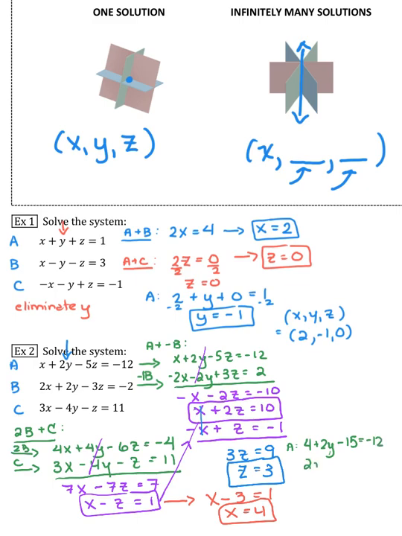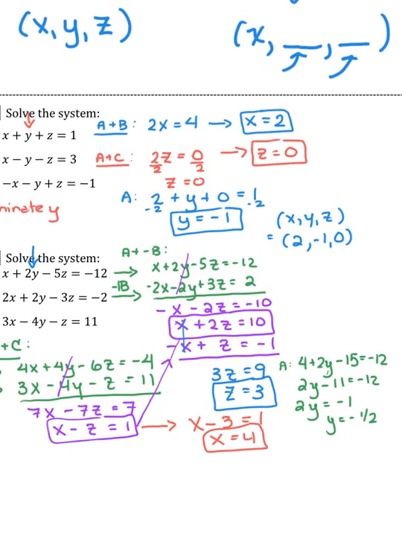So I have 2y minus 11 equals a negative 12. So 2y, add 11 to both sides, is going to be a negative 1. y is going to equal a negative 1/2. And that is going to give you your final answer, which we want to write as an ordered pair once again. So (x, y, z) equals (4, negative 1/2, 3).